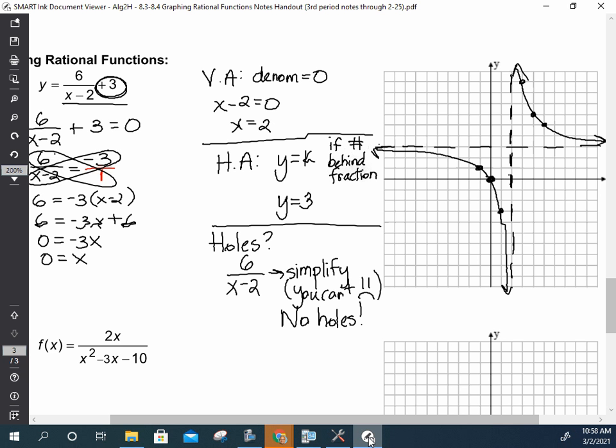All right, any questions on our first graph?